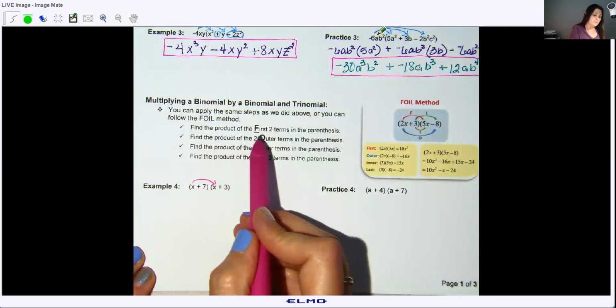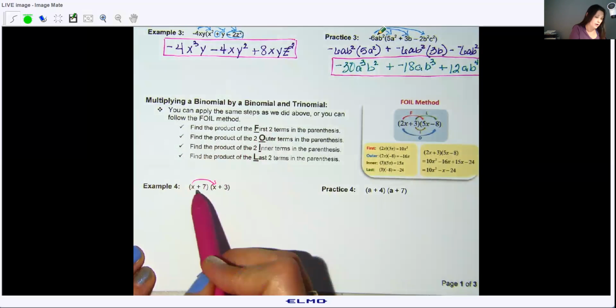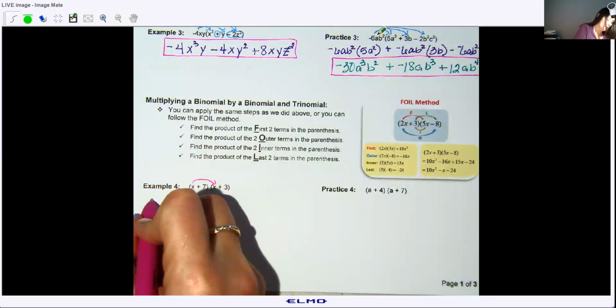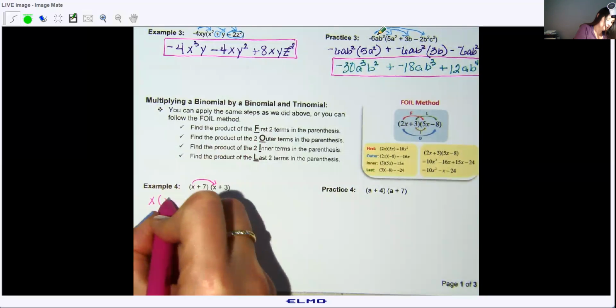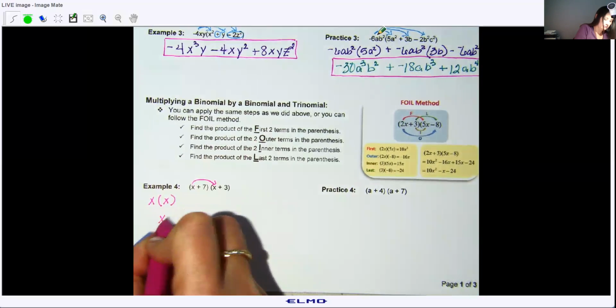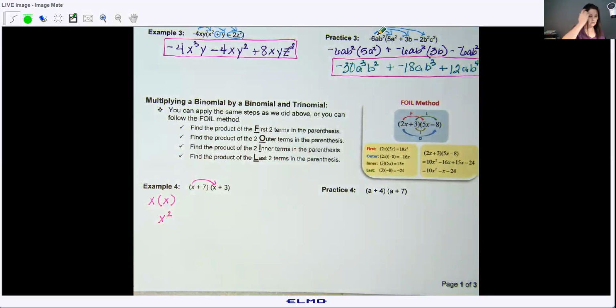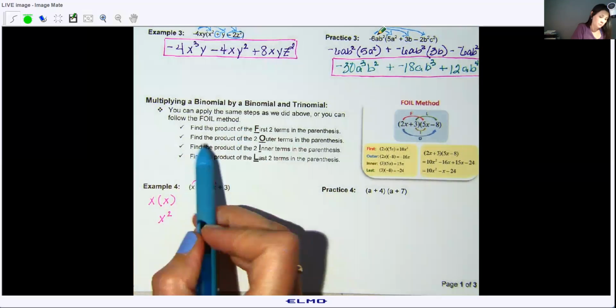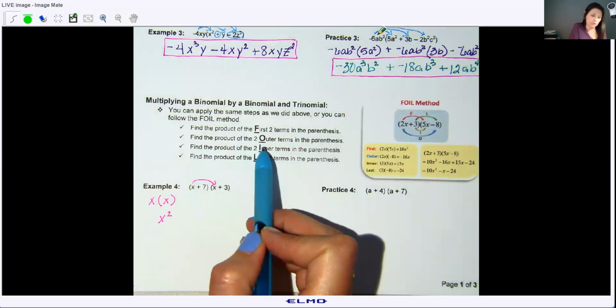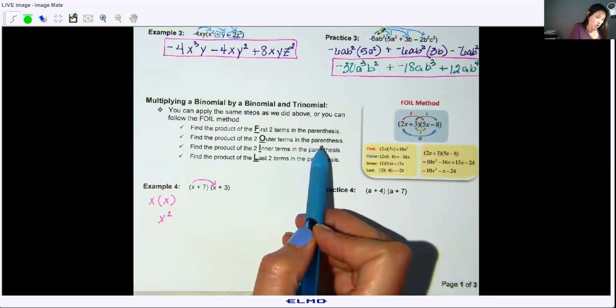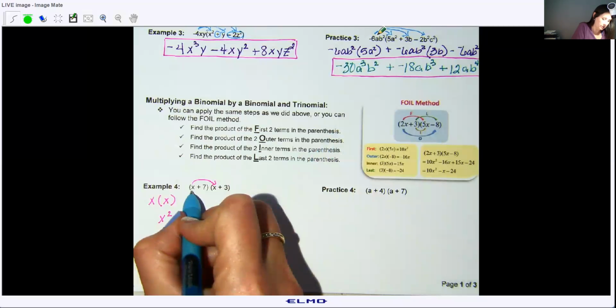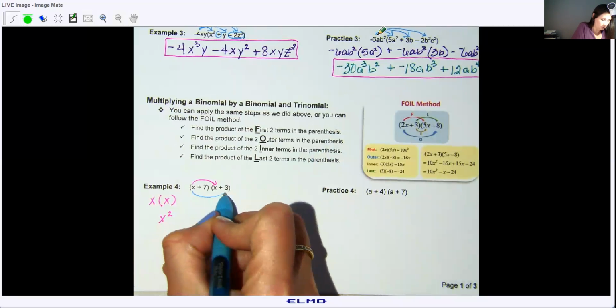So when we do FOIL, we are going to multiply these first terms together. So find the product of the first two terms in the parentheses, so your x and your x. So x times x gives us x squared. Then we are going to find the product of the two outer terms in the parentheses. So the two outer terms are going to be this one and this one.